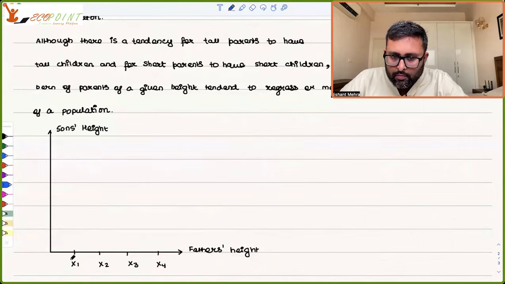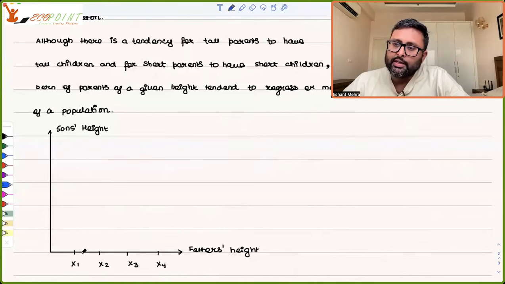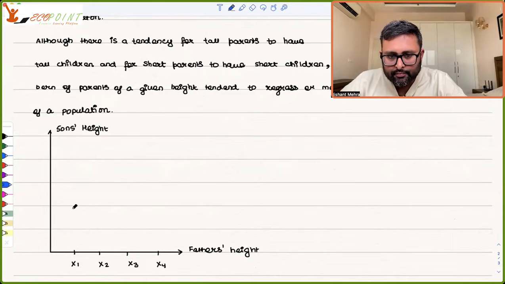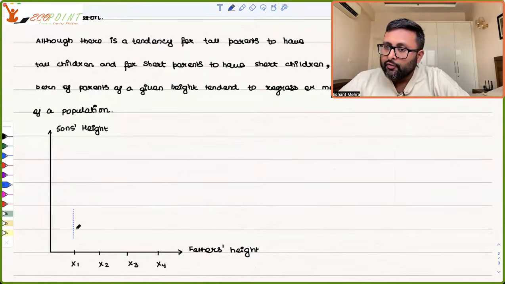Now, supposedly, if the height of the father is 5 feet, then the height of children will be somewhere here, like this. There could be different children with different heights born to a father whose height is 5 feet.